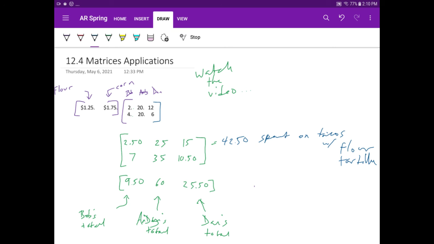And then you also have 7 plus 35 plus 10.5. And then it's 52.50 spent on the other kind. So a lot of things you can interpret with this, but all that information you get straight from here.